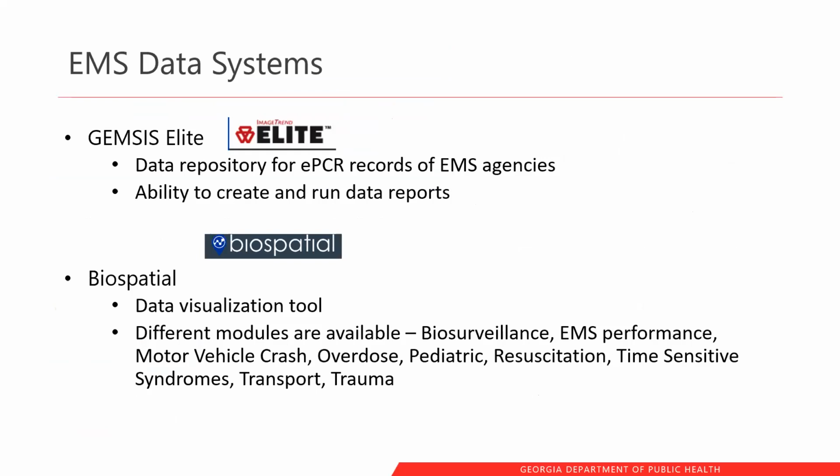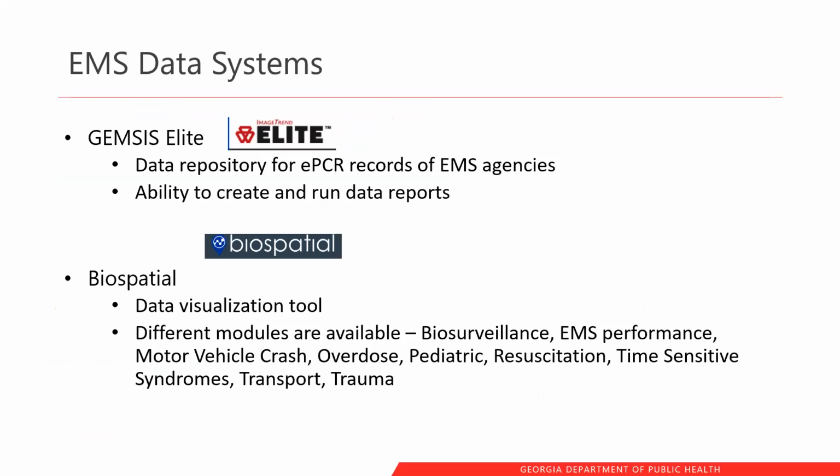So our data systems that we have, I've already mentioned GEMSIS Elite. It's our main data repository. It's a really great resource, and agencies have the ability to see their own data. They can create and run reports. Obviously, at the state level, we can also create and run reports. And then there's also Biospatial. It's a data visualization tool, and it's really amazing.